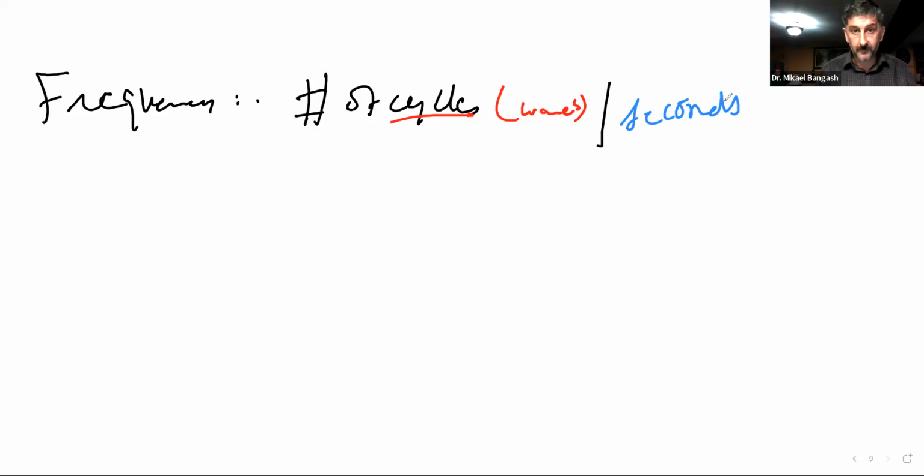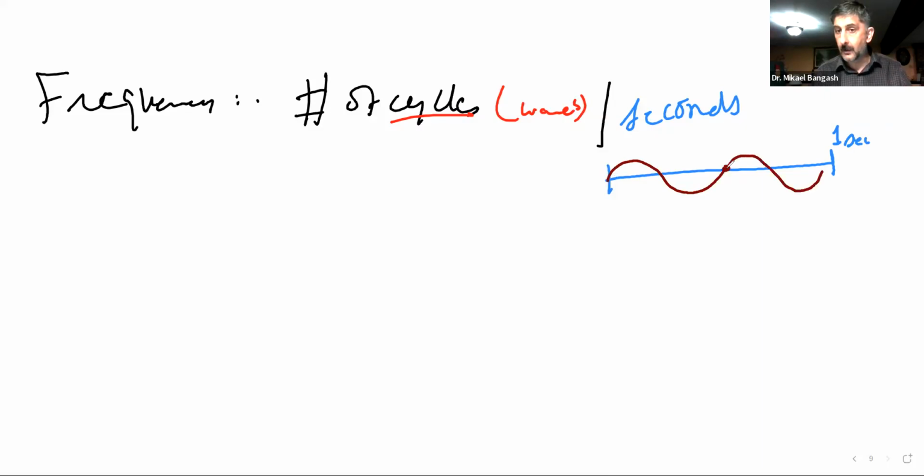So we can put it this way: if we had a time span of, just to make it simple for now, 1 second, and in this 1 second we have 1 cycle, 2 cycles. The number of cycles is 1, 2.